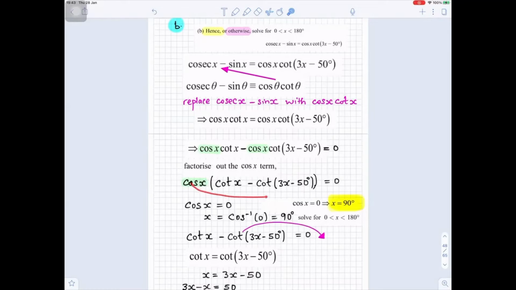So either cos x is equal to 0, which you write there, and that means x is inverse cosine of 0, which is 90 degrees, or cot x minus cot (3x minus 50) is equal to 0. If we take cot (3x minus 50) to the right side, it becomes plus. So it's cot x equals cot (3x minus 50).